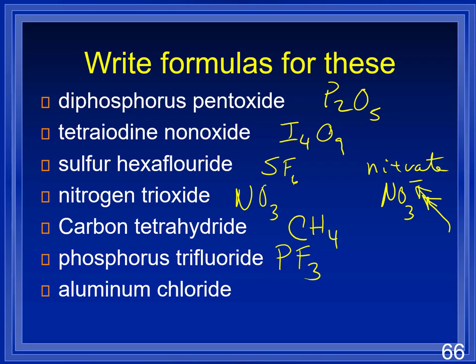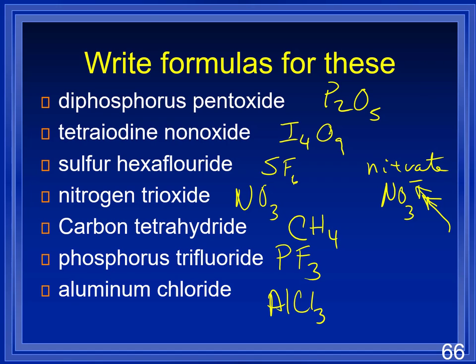Okay, if you've been paying close attention, you will have written AlCl3. Mr. Green, it does not say trichloride. No, it says chloride. Does chloride have a prefix? No. Does aluminum have a prefix?